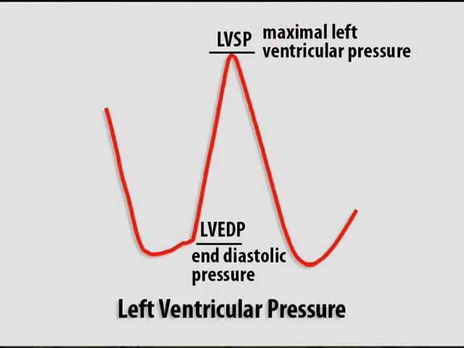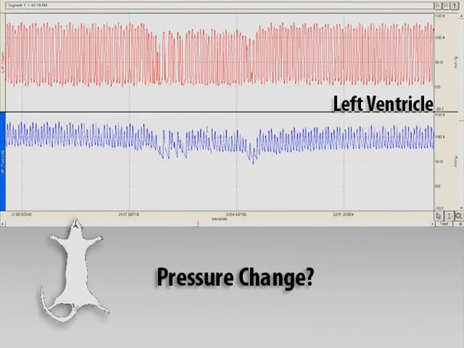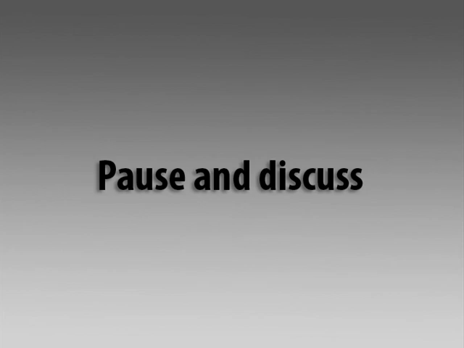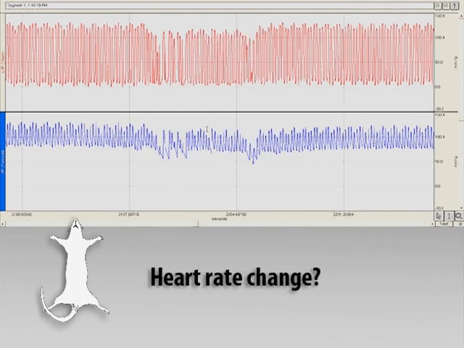Now look at the pressure in the left ventricle. What do you see? Yes, the pressure has decreased. What has happened to the heart rate?